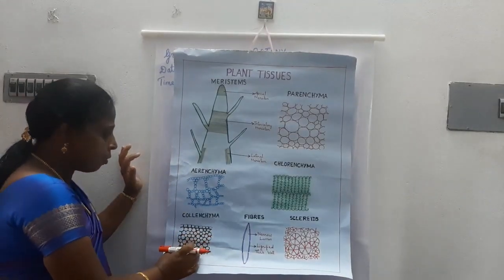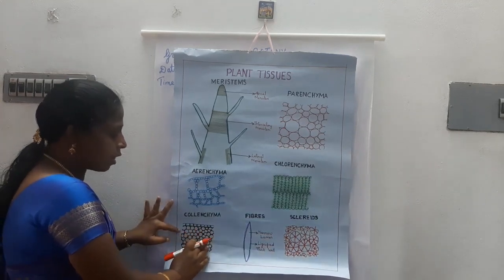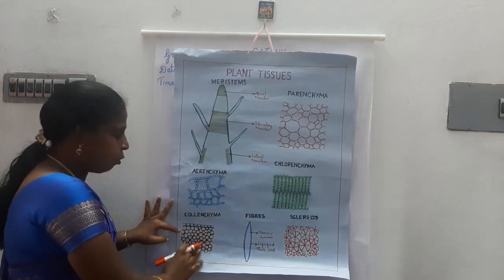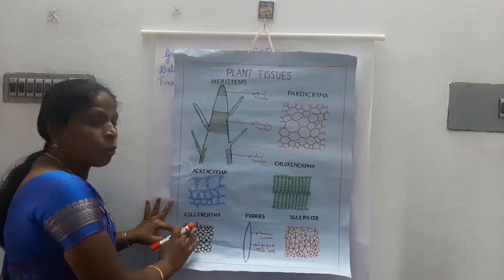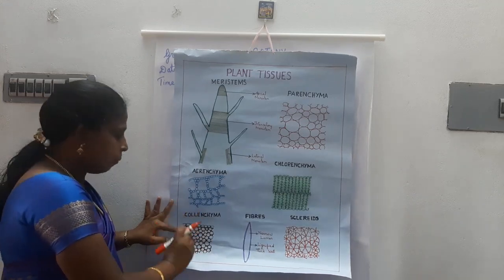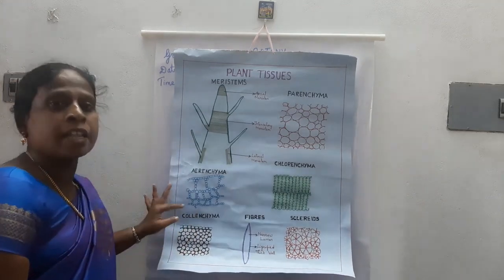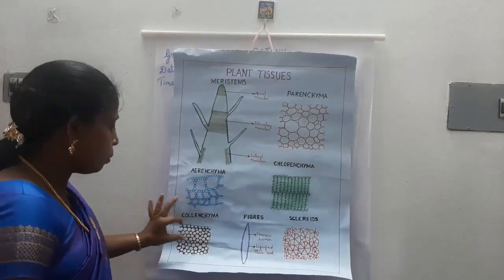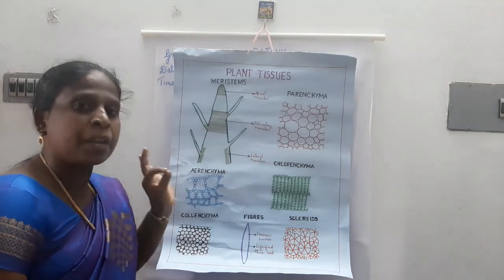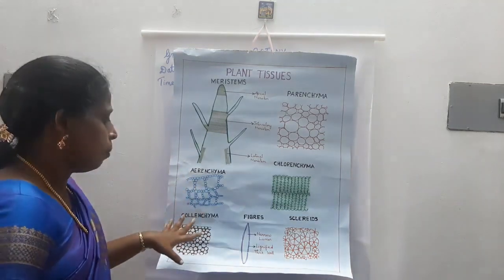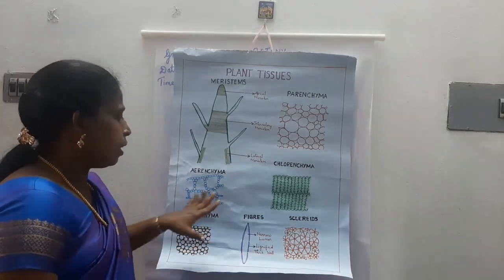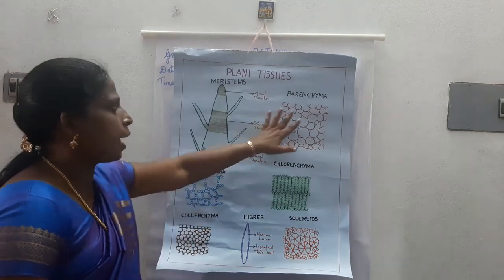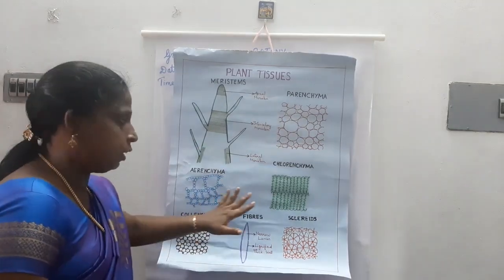Here also the cells are oblique, rectangular, polygonal in shape, and it is also a living tissue. It gives mechanical support and mechanical strength to the plant body. Have you understood? So, collenchyma is present only in the stem part, below the epidermis. That is about collenchyma. So, parenchyma and collenchyma are living tissue.